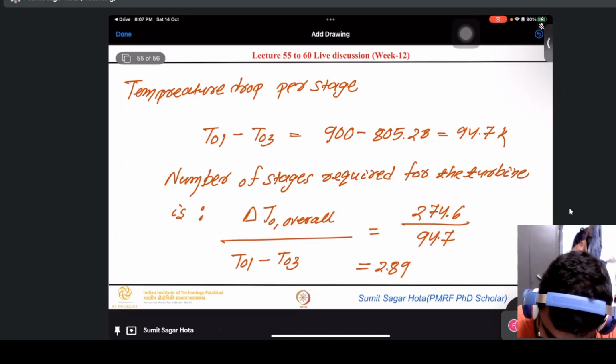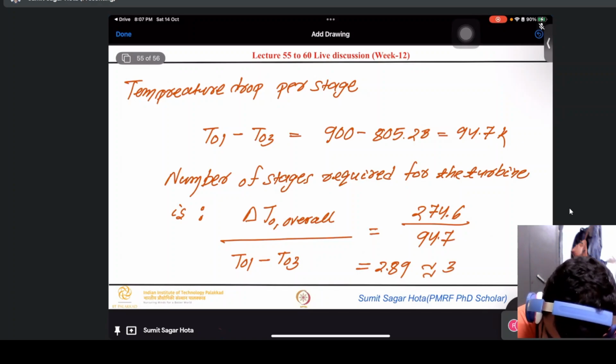Okay, stages cannot be a decimal number, so let's take it as 3 stages.